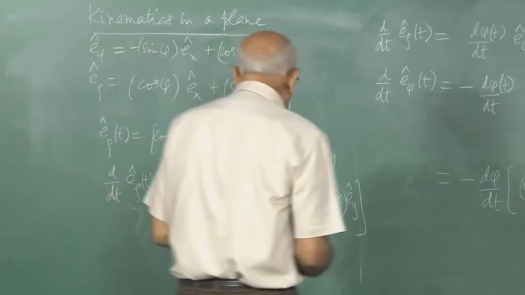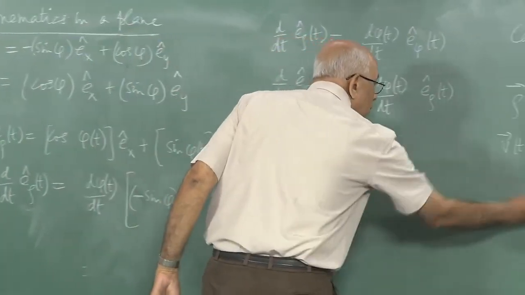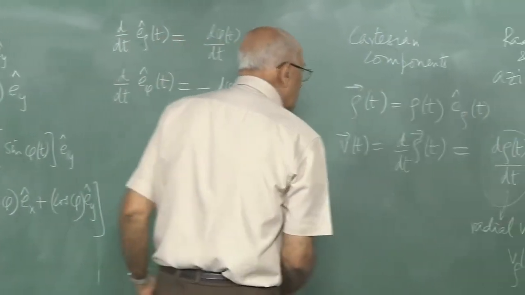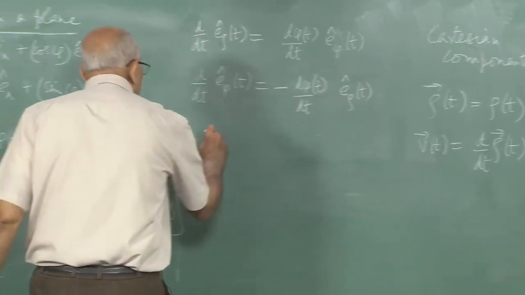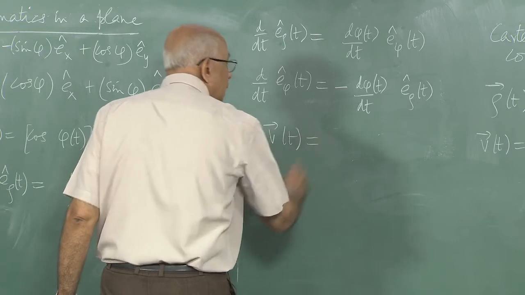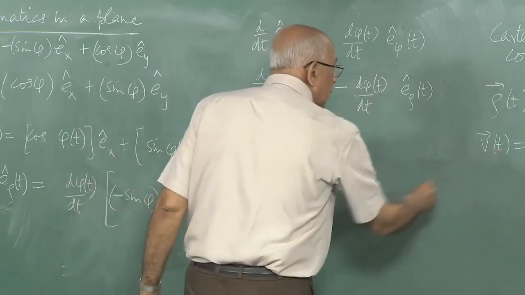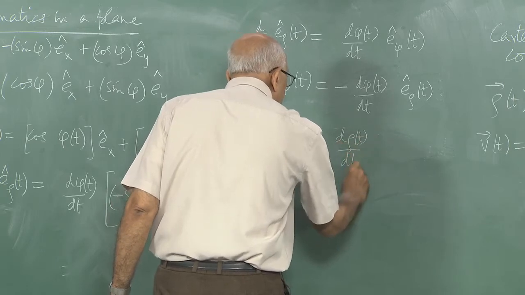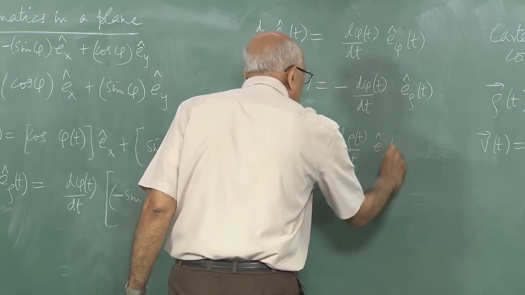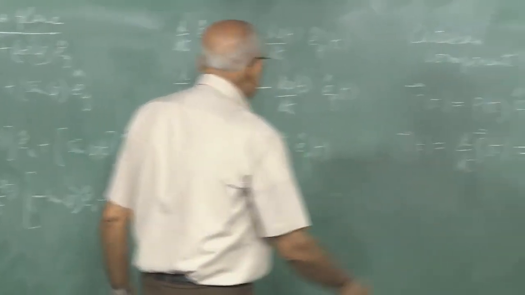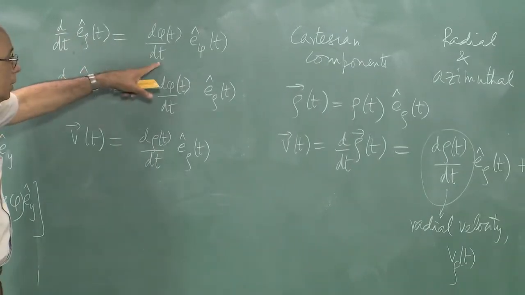So once we have that in place, we can now write down these formulas properly. This therefore becomes V of t equal to d rho of t over dt times E rho of t, and then for d over dt of E rho of t I need to substitute this.